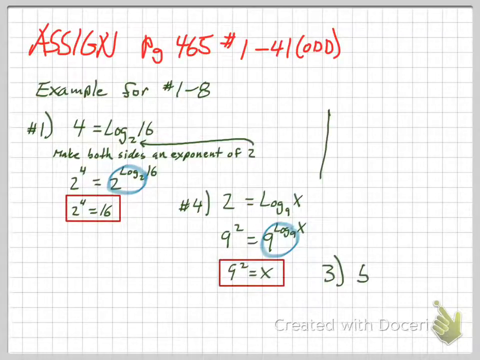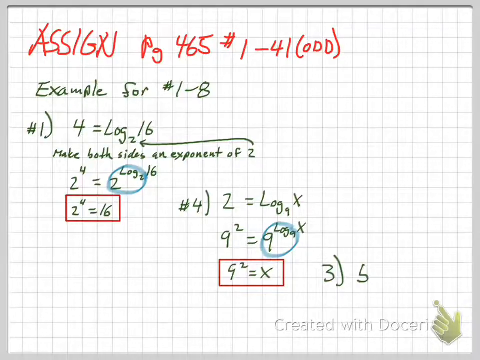And I am going to raise both sides. I'm going to make the 2 an exponent of 9, and I'm going to make log base 9 of x an exponent of 9. And here we can see circled in blue, I can use that inverse property. And then 9 squared is equal to x.